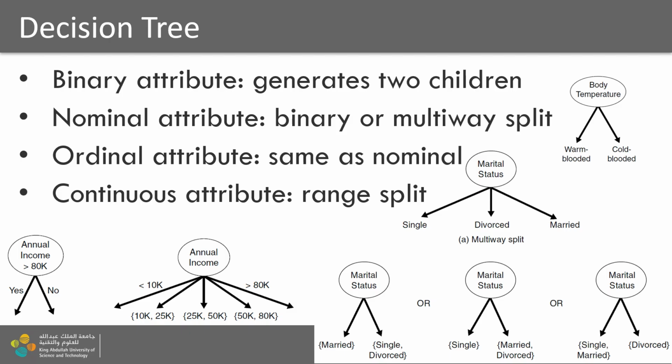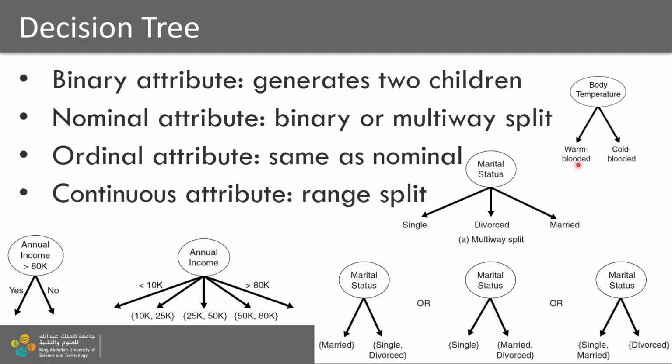Let's have a look at what we can do with various types of attributes, if we take each as the one attribute which should decide what type of question will be asked at that level of the tree. We can have a binary attribute, for example the homeowner status, which has basically just two possibilities, yes or no. Or, in the case of body temperature in the animal kingdom, it was either warm-blooded or cold-blooded.